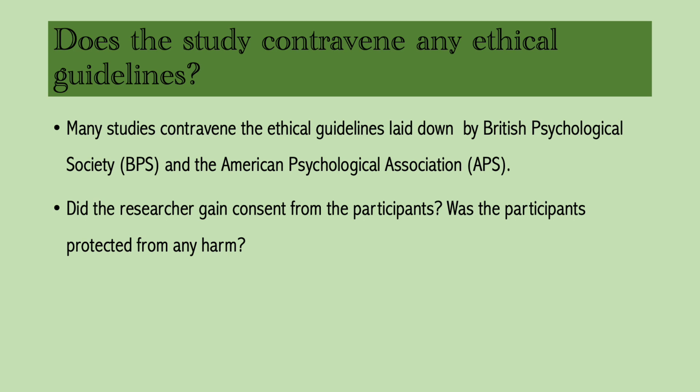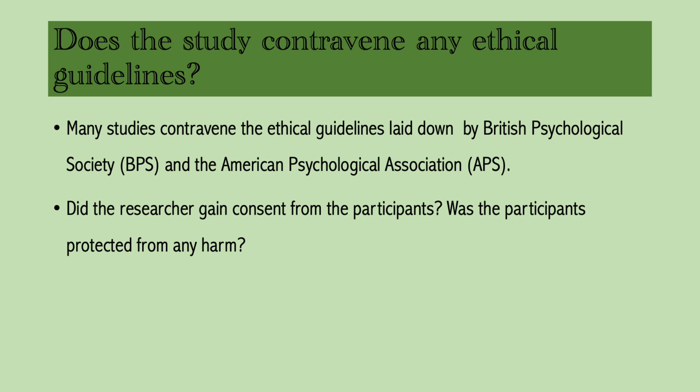Okay, for example, one of the ethical guidelines is consent. The second bullet point there: did the researcher gain consent from the participant? Were the participants protected from any harm? That too is an example of ethical guidelines. One, there must be consent. One of the rules is, if you do research, you need to gain consent from the participant.